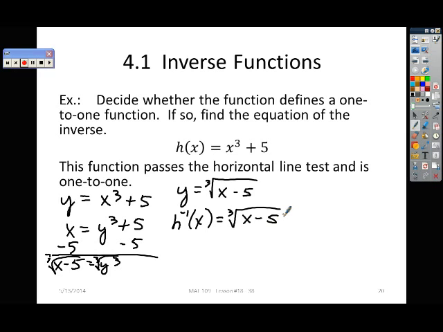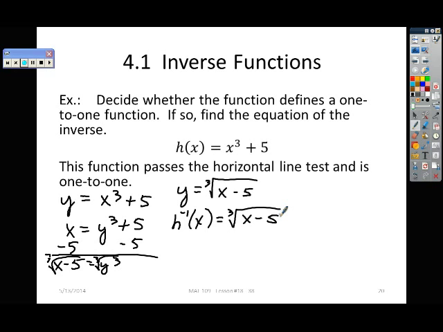We can verify it by taking this and substituting in there, or taking this and substituting in here. Either way, it should give us x as an answer. If I take this one and substitute the right-hand side up here, this is the cube root, I'm cubing it. That's just going to get rid of the radical, right?